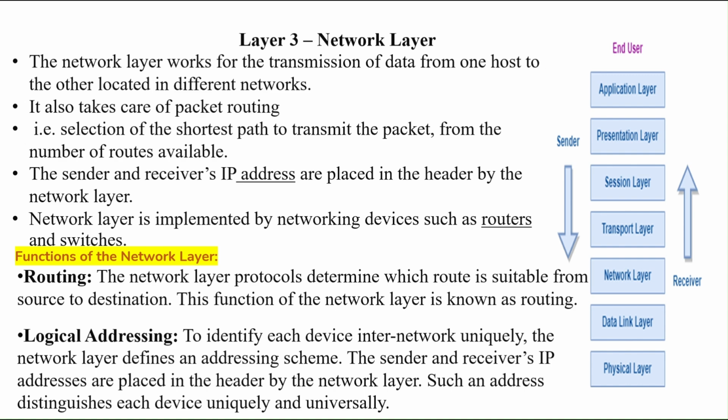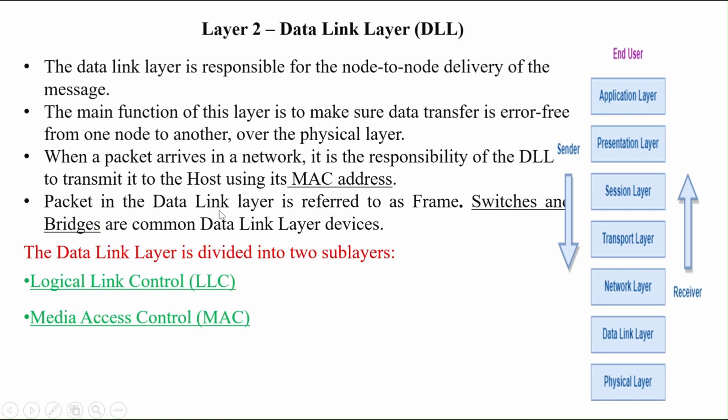Going to the next layer, the data link layer. Here there is some big information about the data link layer because it is the most important layer, and it plays an important role in the layered architecture.